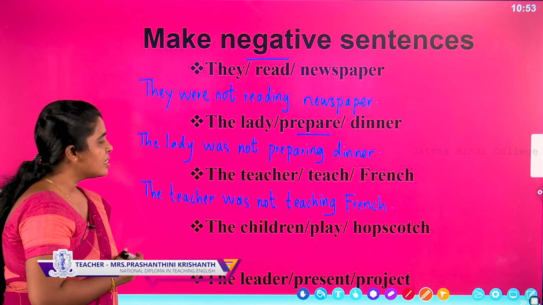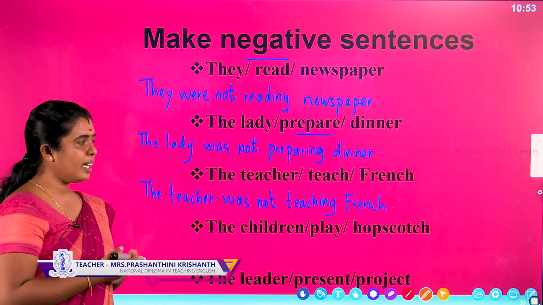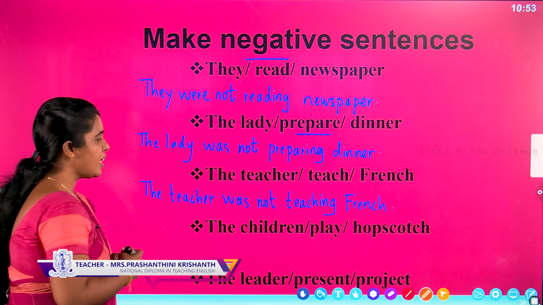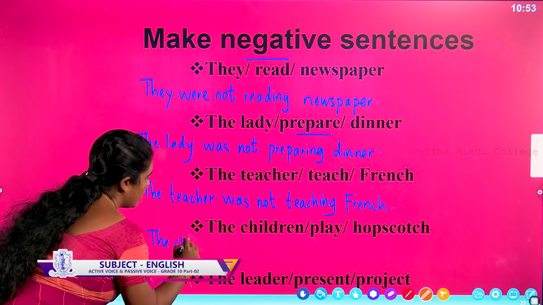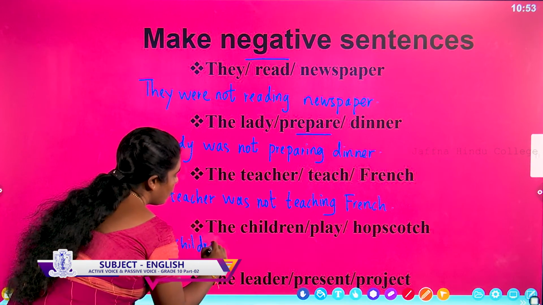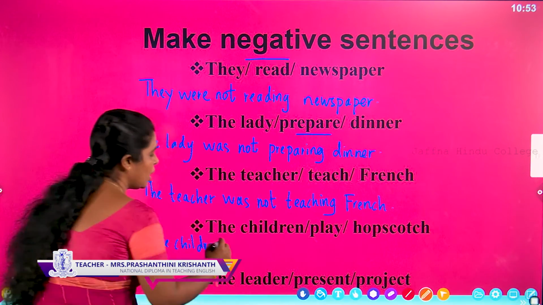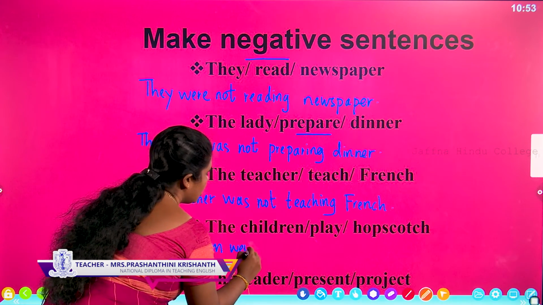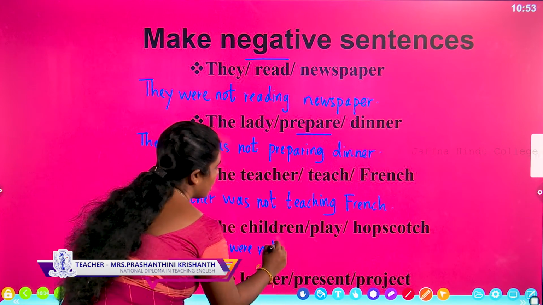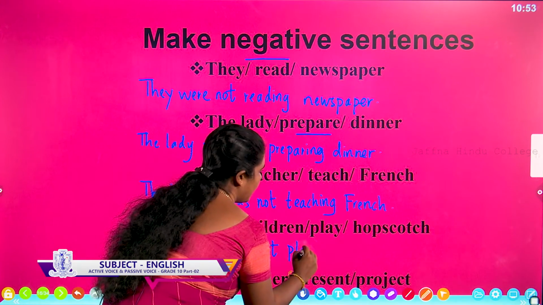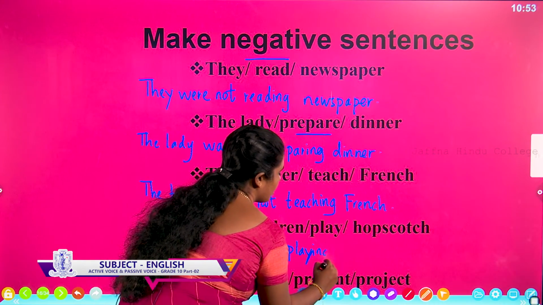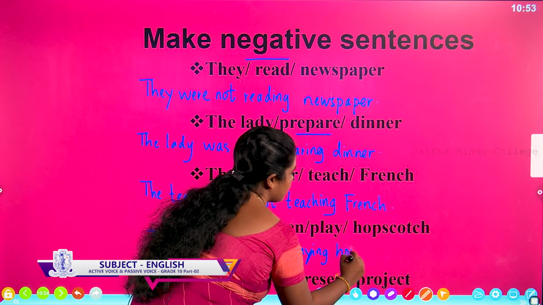Next one. The children play hopscotch, right? So, the children, subject, the children, what is the helping verb? Were. The children were not playing, right? Playing hopscotch.